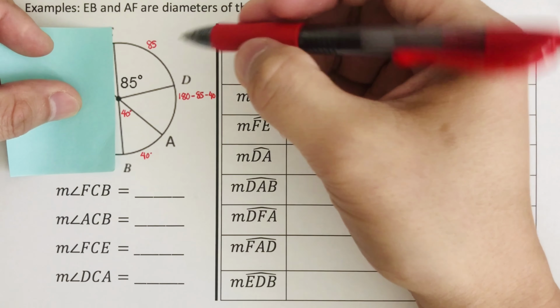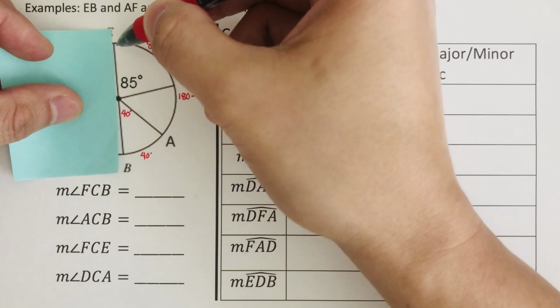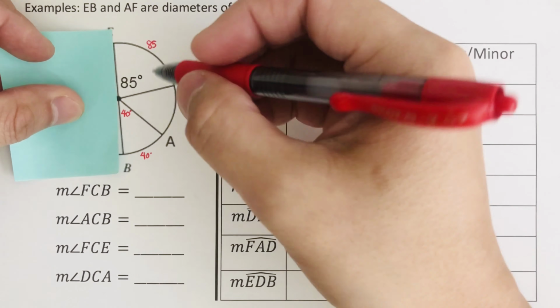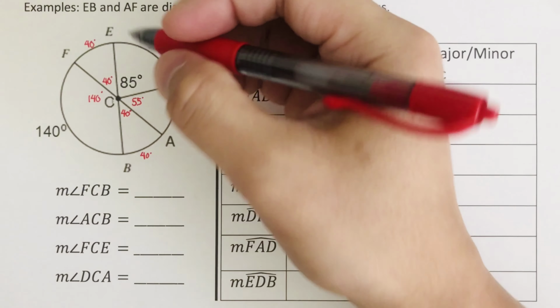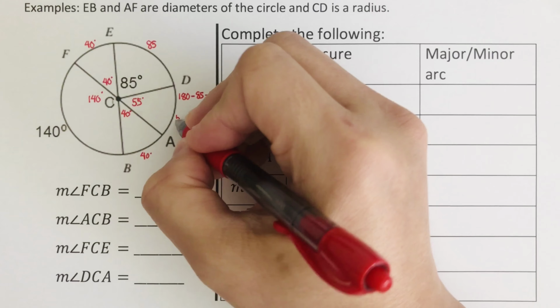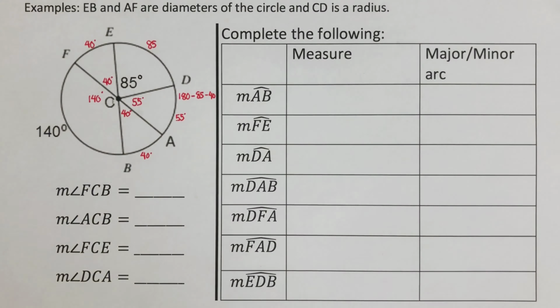If we subtract 85 and 40 from 180, it should come out to 55 degrees. And so this arc right here is equal to that of the central angle in terms of degrees, so that is 55 degrees as well.